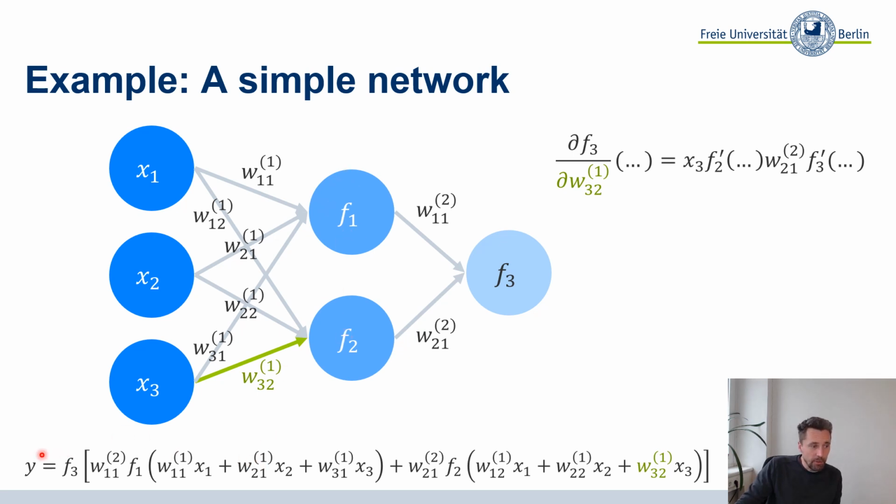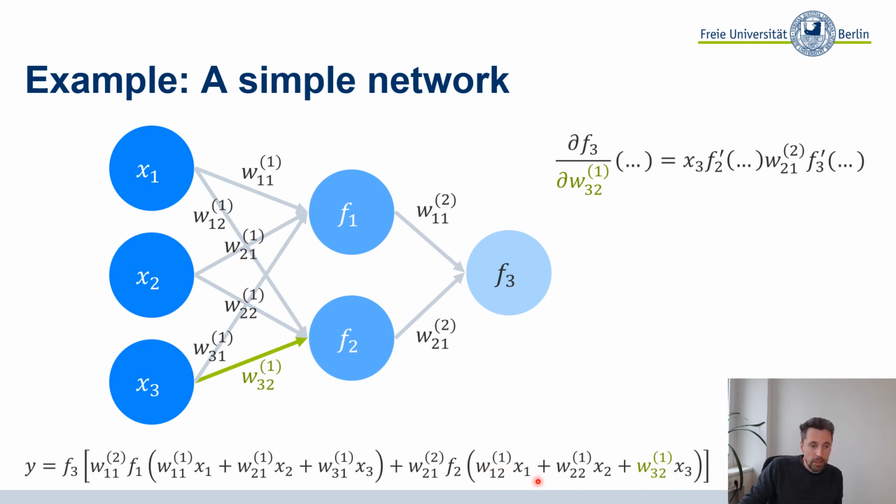So let's have a look at this function, at this description here. If we want to come up with the partial derivative of this thing with respect to W32, we see there's no W32 in this part, so this will vanish. The only thing that will stay here is this one. So we have to apply the chain rule.